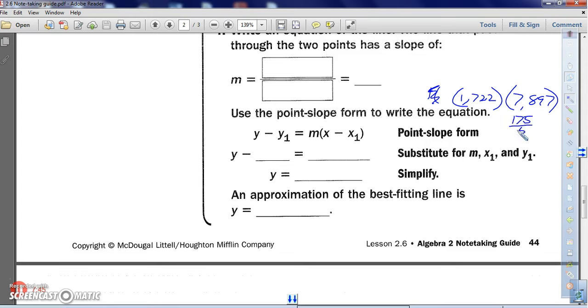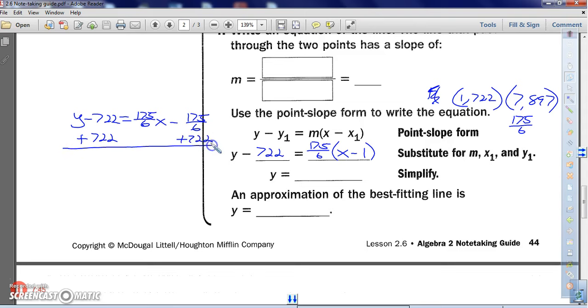Let's pick one of those points to use, just the first one. So I'm going to have y minus 722 equals my slope, 175 over 6, times x minus x1, which is 1. So y minus 722 will equal 175 over 6 times x minus 175 over 6. And then I want to add 722 to both sides.